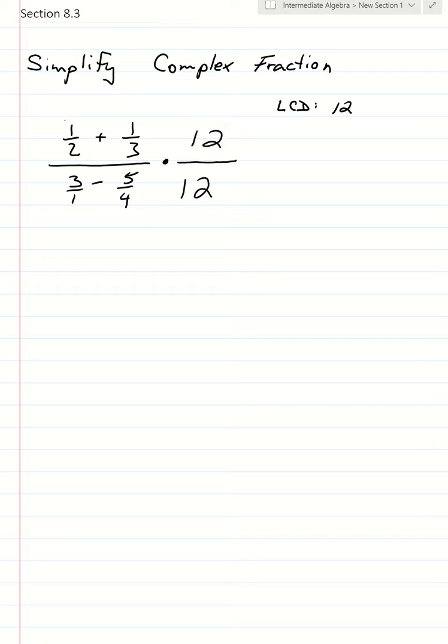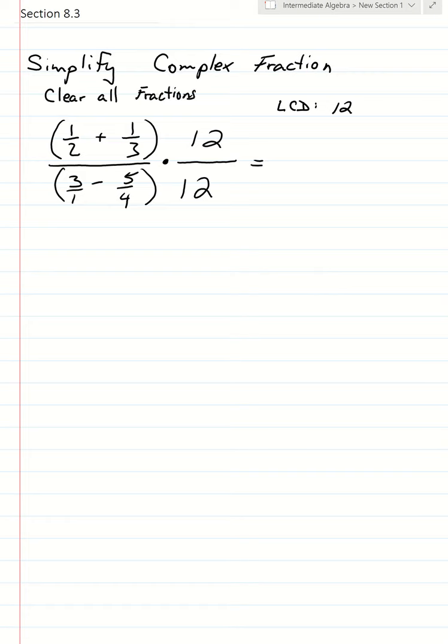I multiply the numerator by 12, and I multiply the denominator also by 12. This will clear all of the smaller fractions.